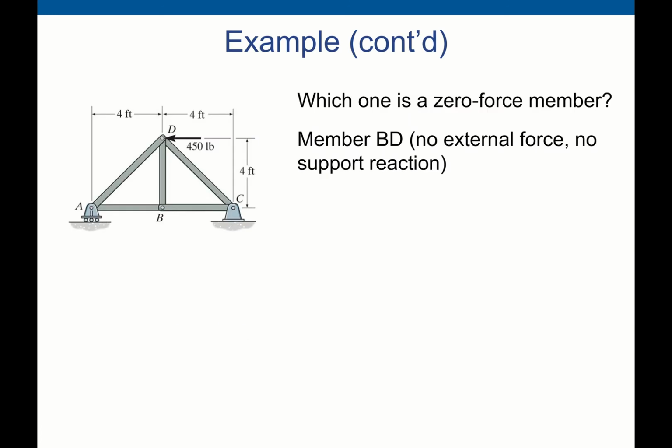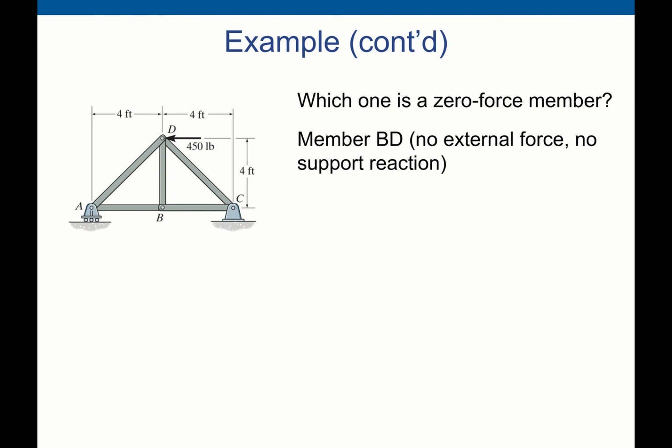So let's solve one example here. If you look at this truss, this is a simple truss, and you can see that there are some support reactions at A and C, and there are external forces at joint D. But the joint B does not have a support reaction, and there is no external force.